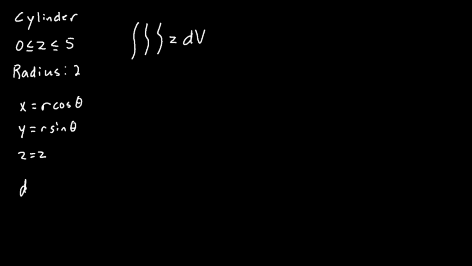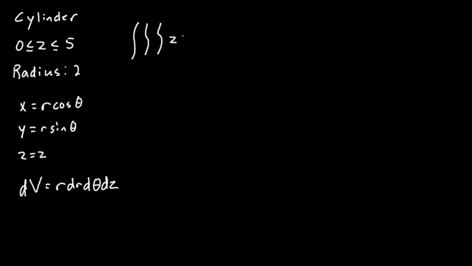And remember, dV is equal to r dr d theta dz. The order in which you integrate doesn't matter, but never forget the r value here. This r is part of your function now.